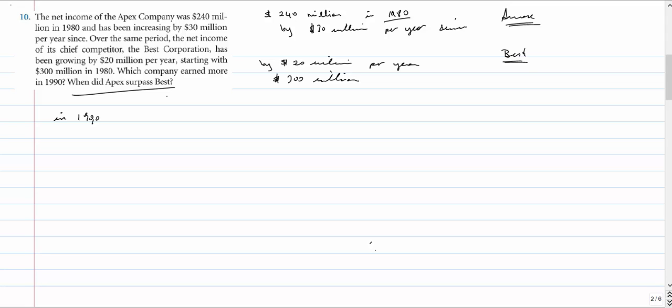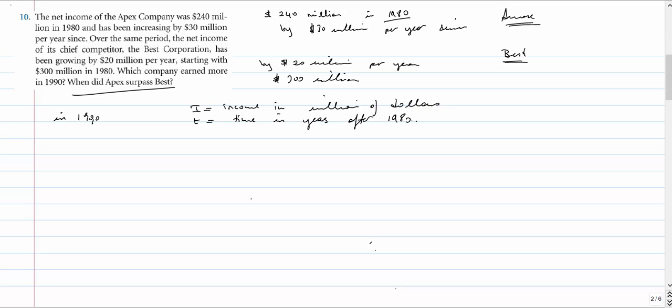Taking I to represent income in millions of dollars, and T to represent time in years after 1980.